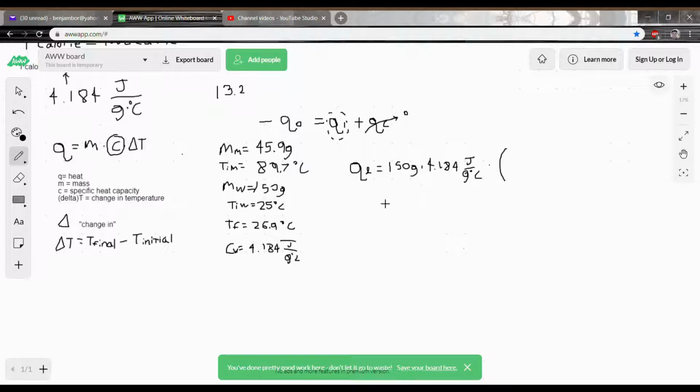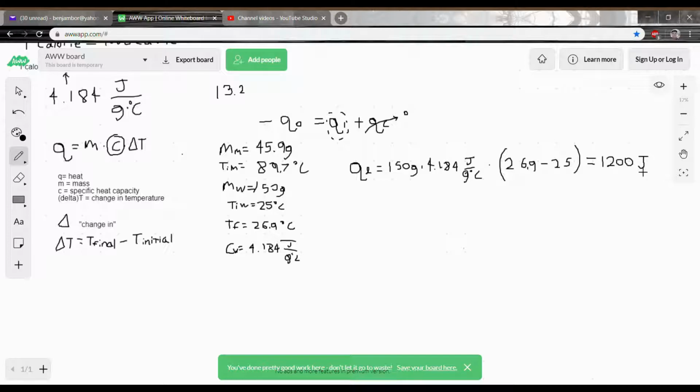Remember, the temperature change is the final minus the initial. That means 26.9 minus the initial 25 is going to be our temperature change. This is 1.9. We're going to multiply all these together to get that the heat transfer in the liquid is 1200 joules.